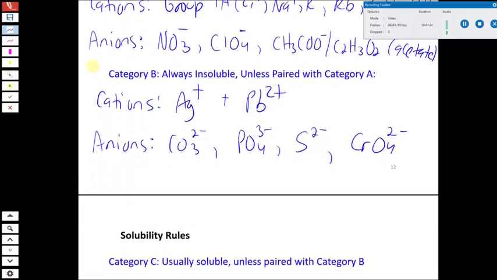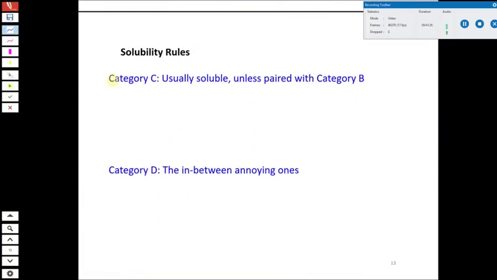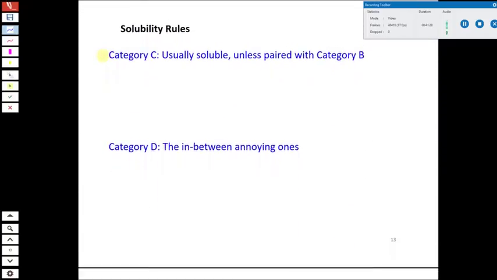Now, the next two categories are a little bit more difficult, so we're still going to have to go through them to be complete. We have a category that I'll label as C. These categories are sort of my doing, so you're not going to see it described this way in the book. But anyway, category C are ions that are usually soluble unless paired with category B. And the only ions that fall in this category are most of the halides.